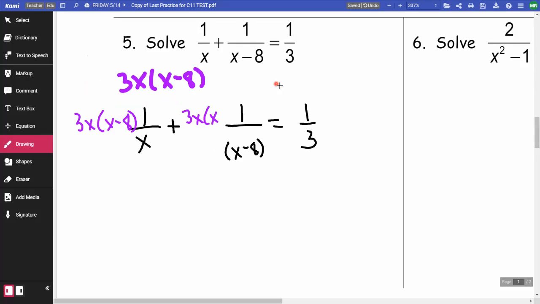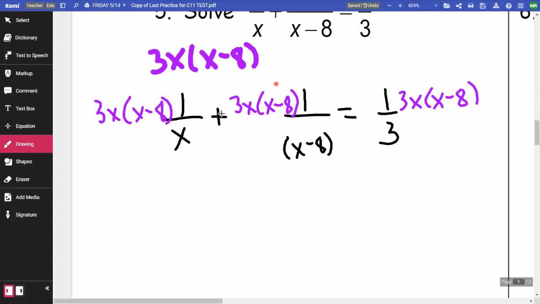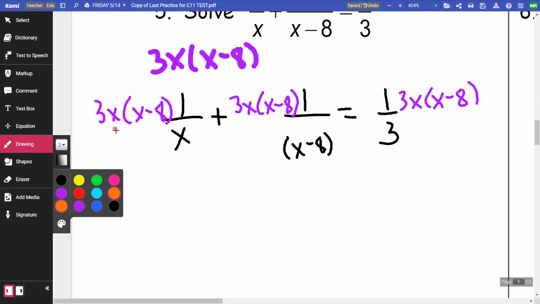Okay, so here the x and the x cancel out. Over here, my x minus 8 and my x minus 8 cancel out. Over here, my 3 and my 3 cancel out.